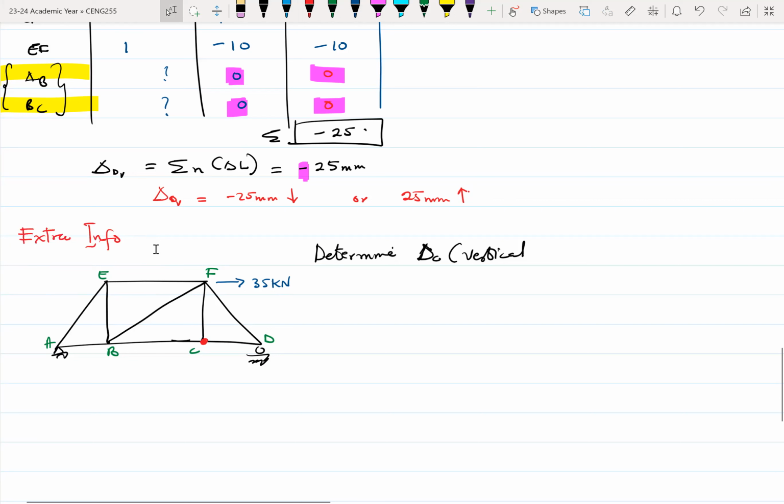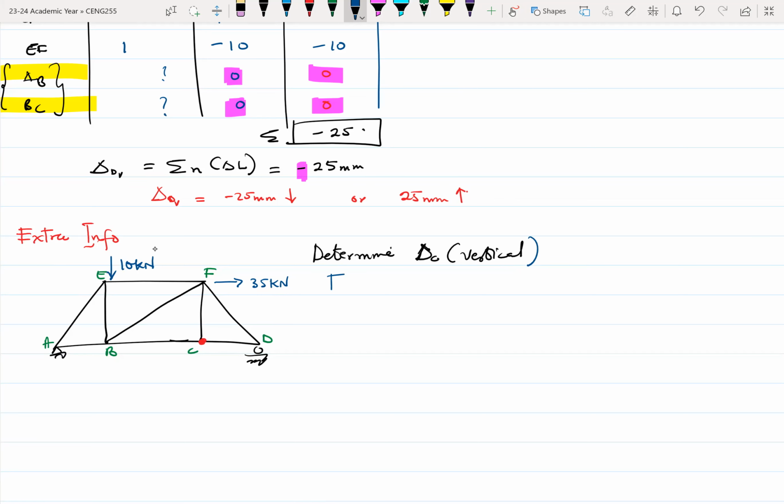Then another load here, which is 10 kilonewtons. Okay, great. And then it says determine the vertical displacement at C for the truss shown.